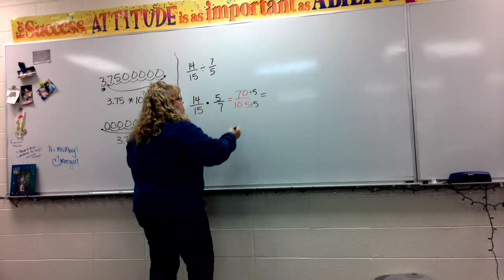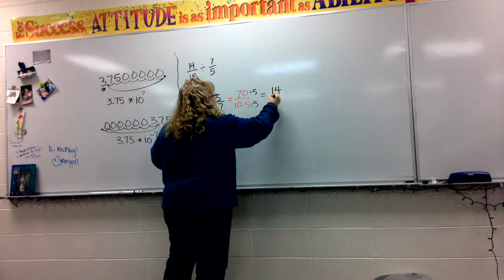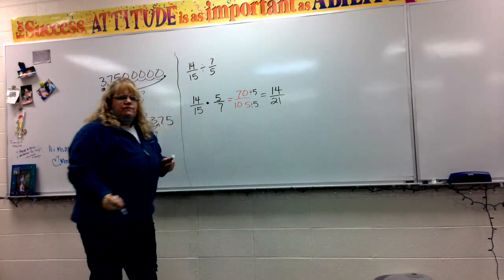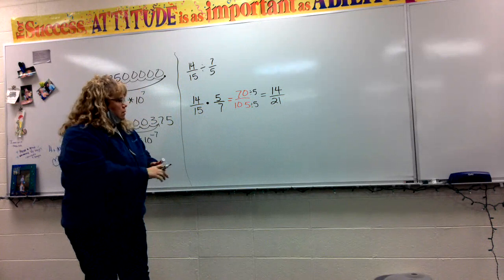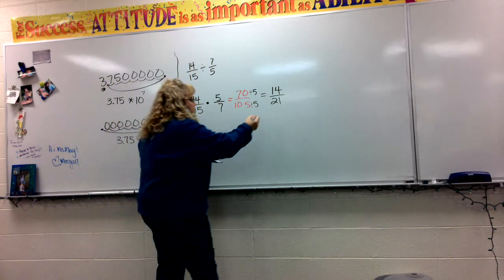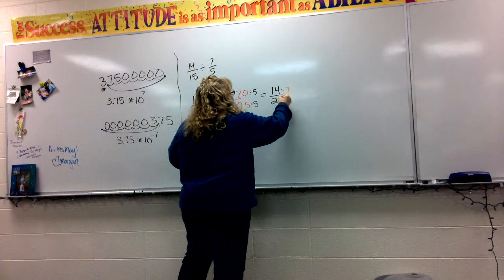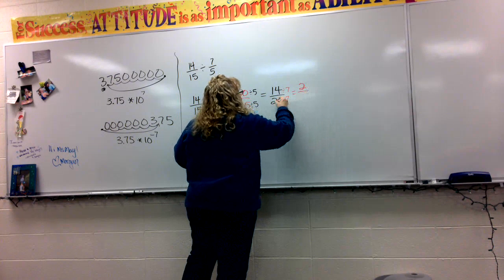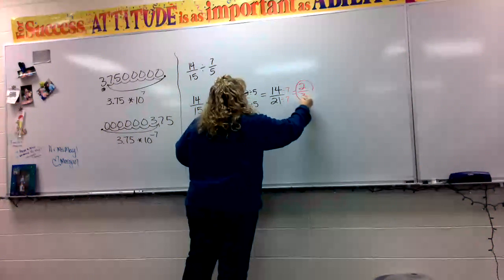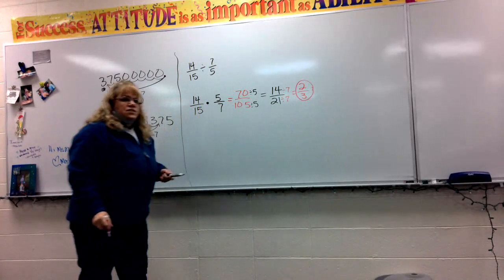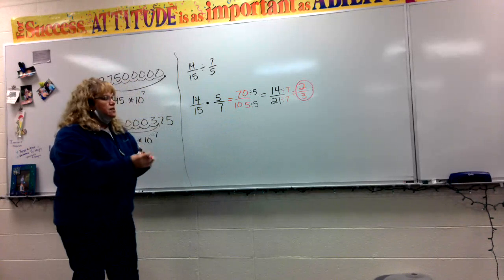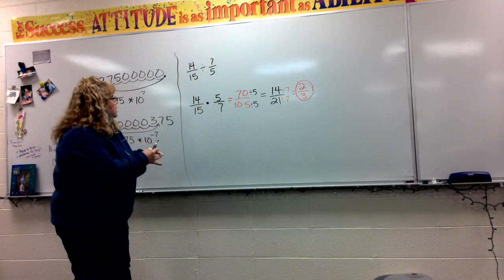Oh boy, 14 and 21. Is that simplified? Well, 7. Divide both by 7. And you get 14 divided by 7 is 2. 21 divided by 7 is 3. So 2/3.